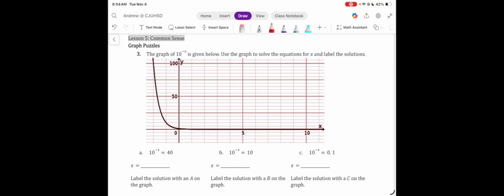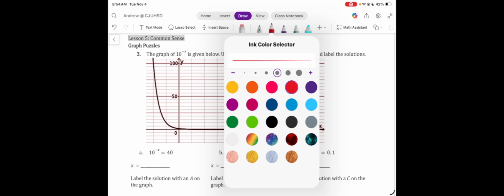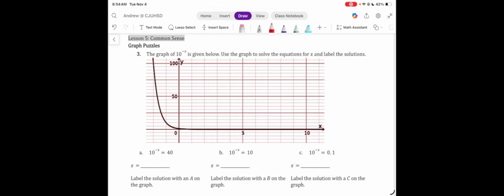Here's the graph of 10 to the negative x. Use the graph to solve the equations for x and label the solution. So what you would do here is look for the y value being 40. These graphs are separated so that every minor line is worth 5. So we get to the middle, we're at 25, 30, 35, 40.